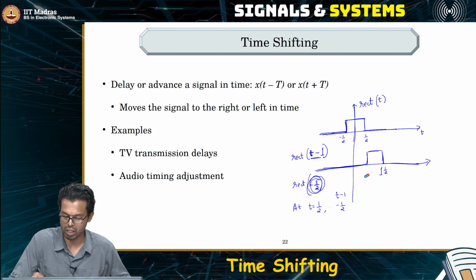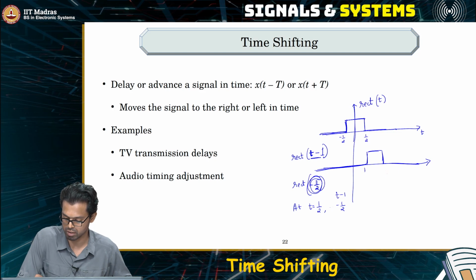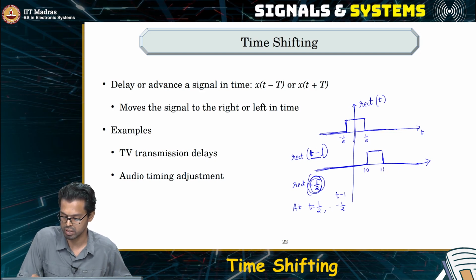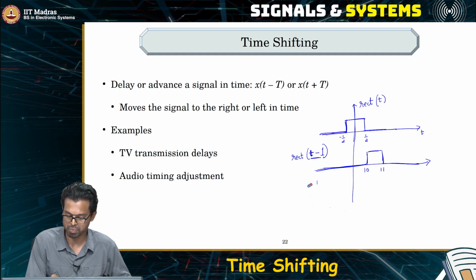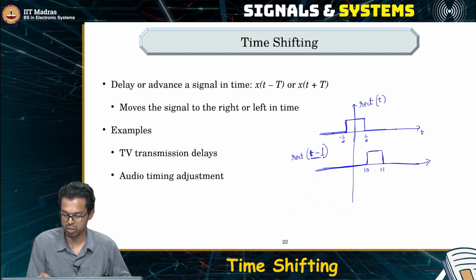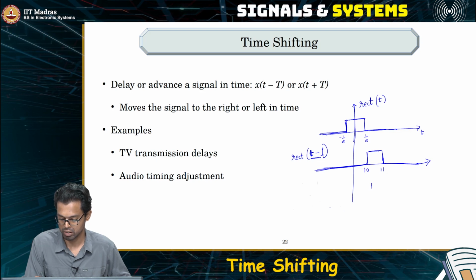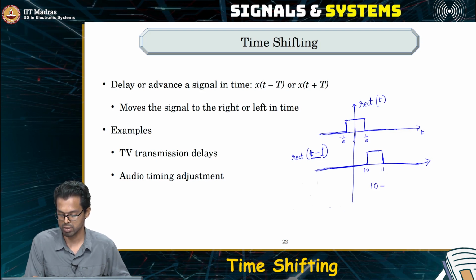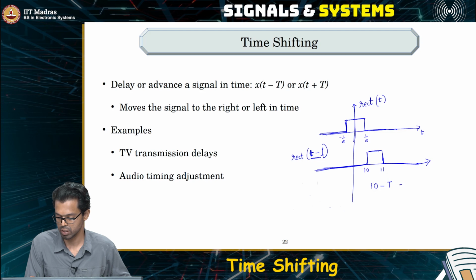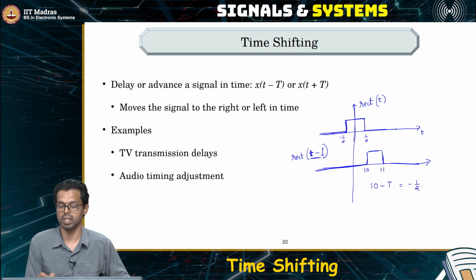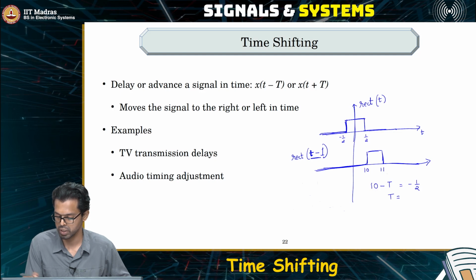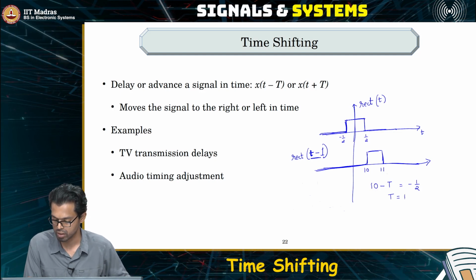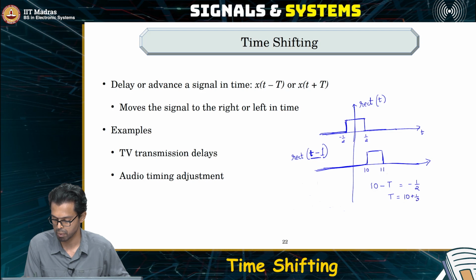Let's say we want to start this at 10 seconds, and then end at 11 seconds. What should be the corresponding time shift we have to give here? Then we want to ensure that 10 minus something is equal to minus half. That is the starting point, remember. So this shift should be equal to 10 plus half.